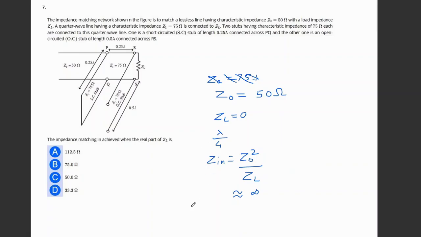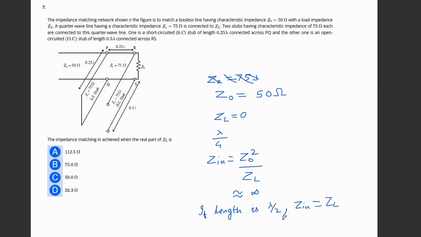Now we have another stub at RS, which is an open circuit stub, and the length is lambda by 2. And we know that if the length is lambda by 2, then the input impedance is the same as the load impedance.